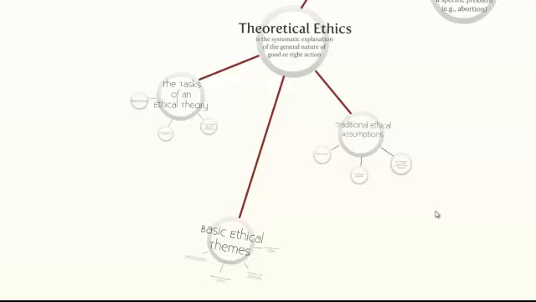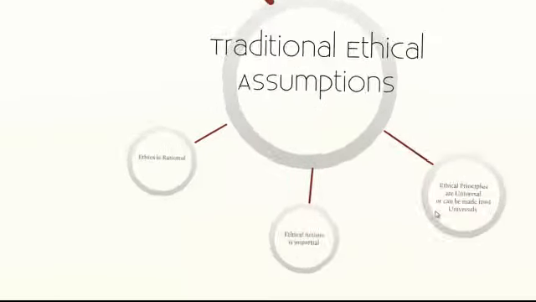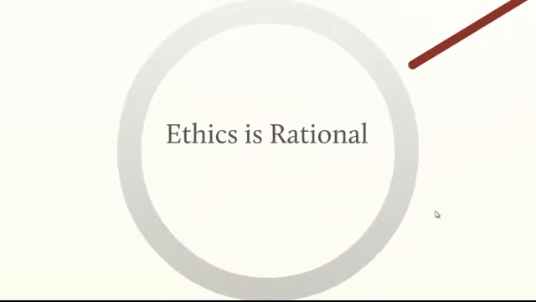Okay, in part 4, we're now looking at traditional ethical assumptions. So we need to assume that ethics are rational, that they're not irrational when we're dealing with them, that we have something that we can believe in at the end of the day, and that it is rational.